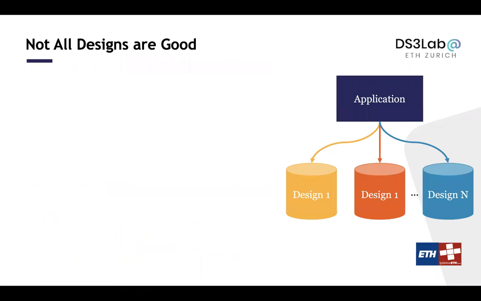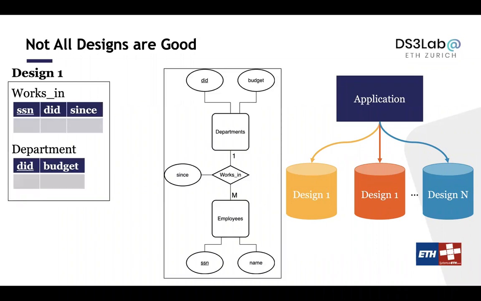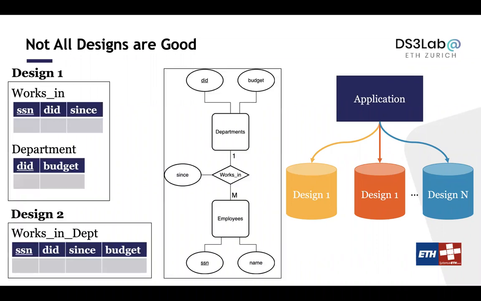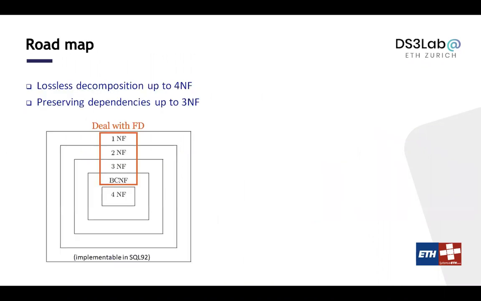Once we understand the notion of functional dependency, we can reason about different types of data redundancies inside each of these designs. The way we do it is by defining a whole bunch of things that we call normal forms. We actually did that exercise in the previous two lectures. We talked about 5 different normal forms: the first normal form, second, third, BCNF, and the fourth normal form.